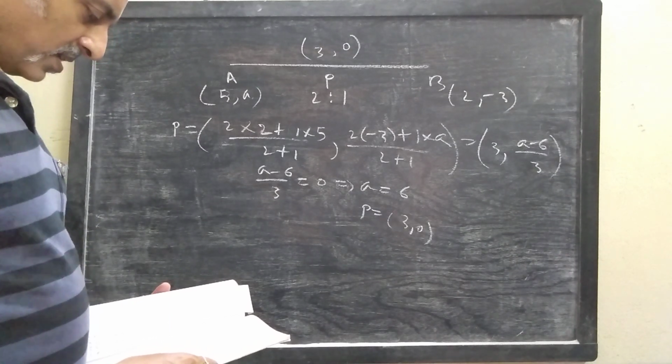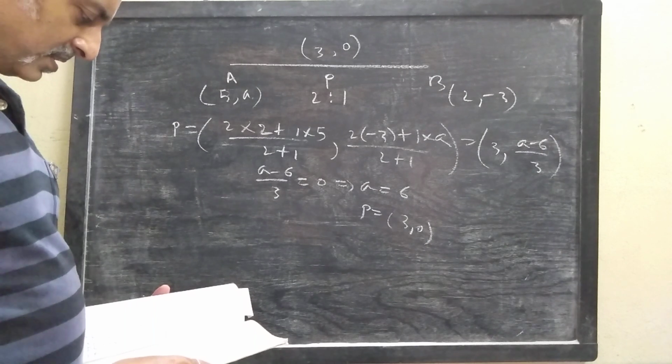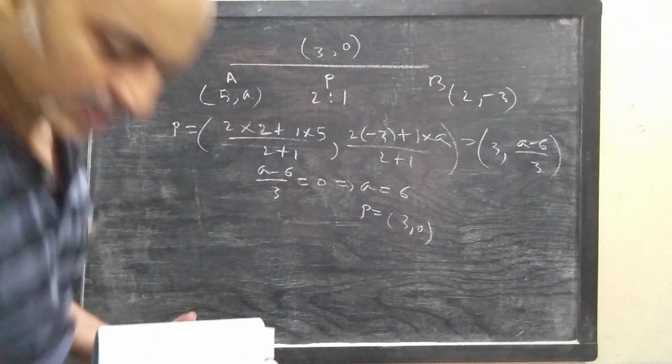Find the ratio in which the y-axis divides the line segment joining the given points. Also find the coordinates of the point of division.